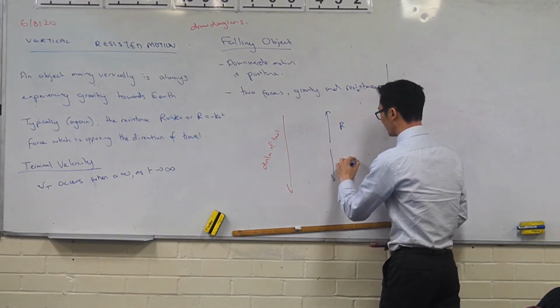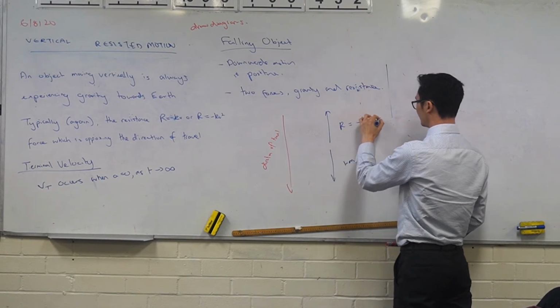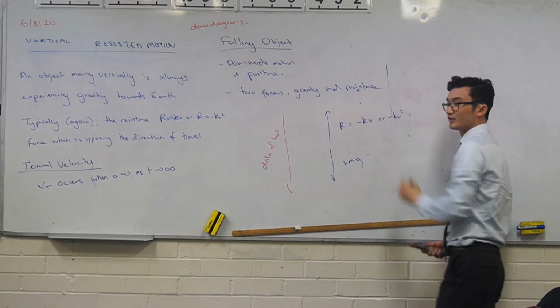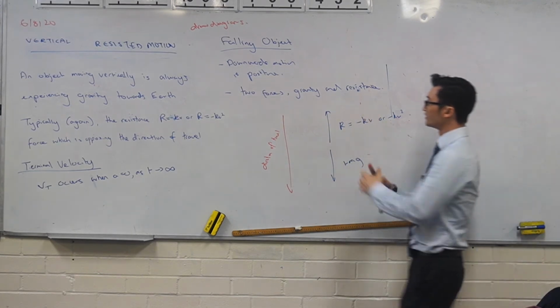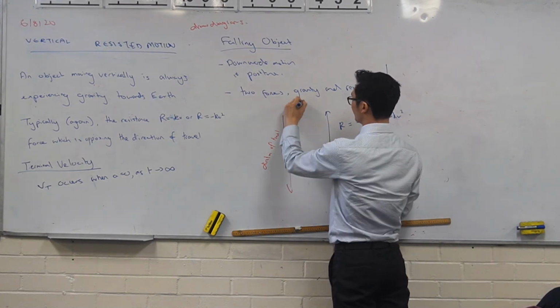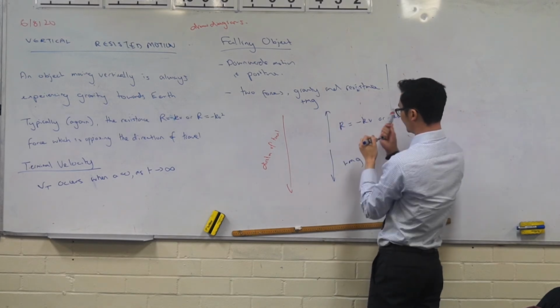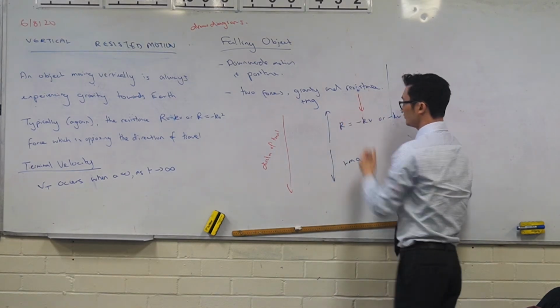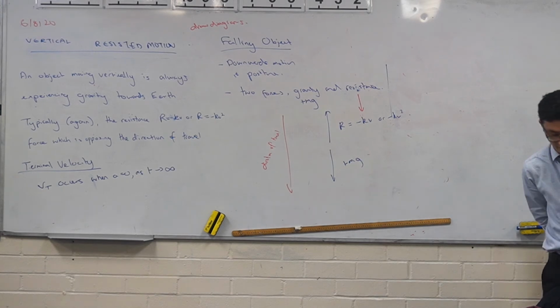So this is actually a positive value, where this is going to be a negative value. Does that make sense? Because it's going in the same direction as the direction of travel, we consider this to be positive, and we consider this to be negative, right? So resistance goes negative. Is that fair? That's why you want to draw the diagram, because the equation is going to be slightly different.